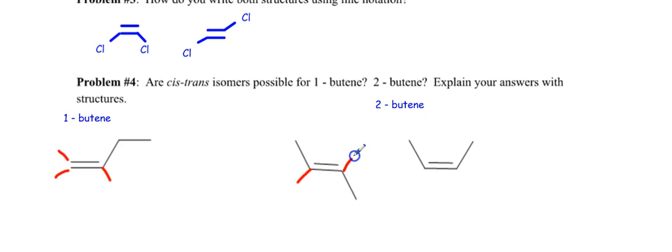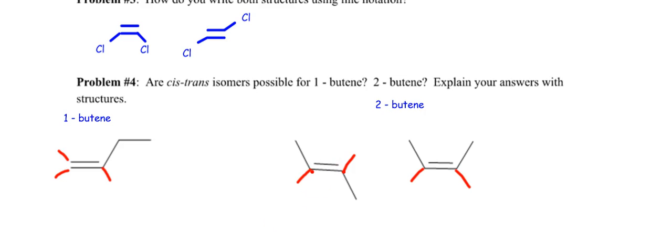Yes, so there is a hydrogen here. So this carbon has exactly 1 hydrogen, and this carbon has exactly 1 hydrogen. Yes, it is possible. Again, 1 hydrogen, 1 hydrogen, same deal. They each have 1 hydrogen, so cis and trans are possible.